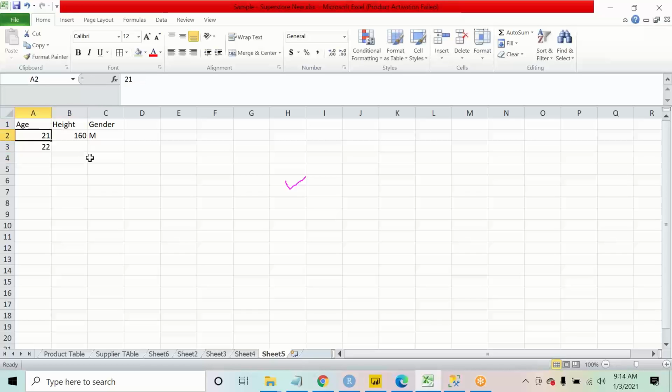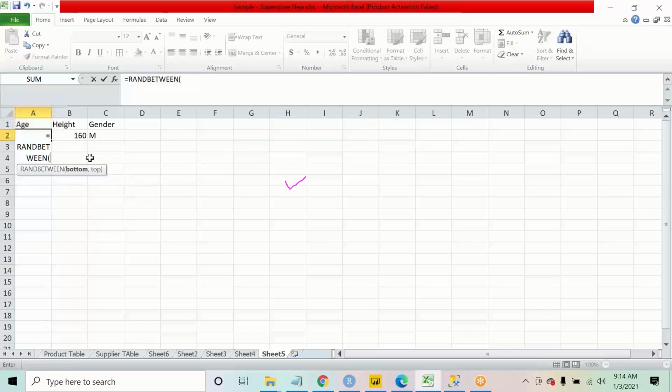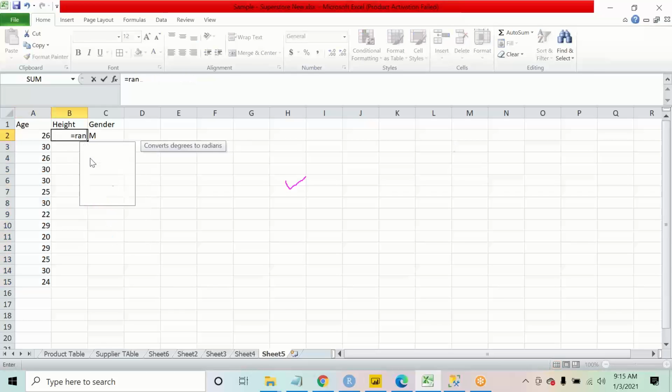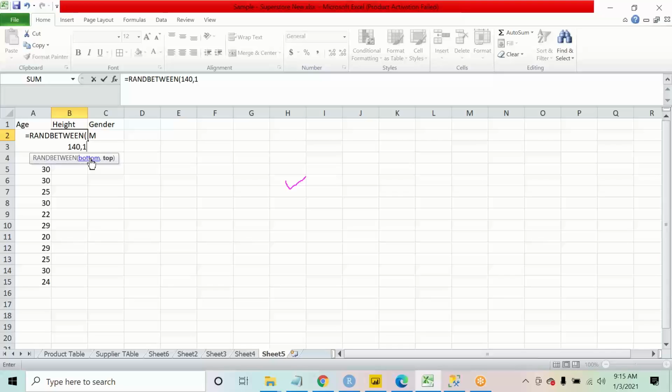I'm just creating some hypothetical data randomly, with age between 20 and 30, and height also I will create between 140 and 180.